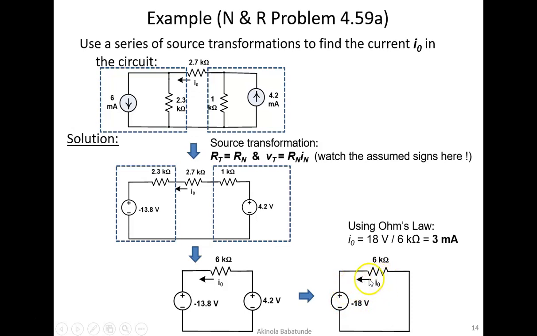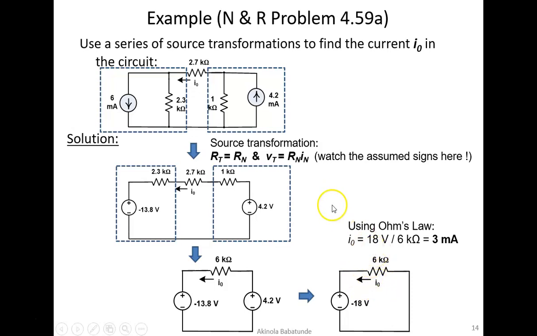If this arrow of I naught were going in the opposite direction, then I naught would have a positive value. But because I naught is coming in this direction, and we have a plus sign right up here, it simply means that our I naught is going to have a negative sign.